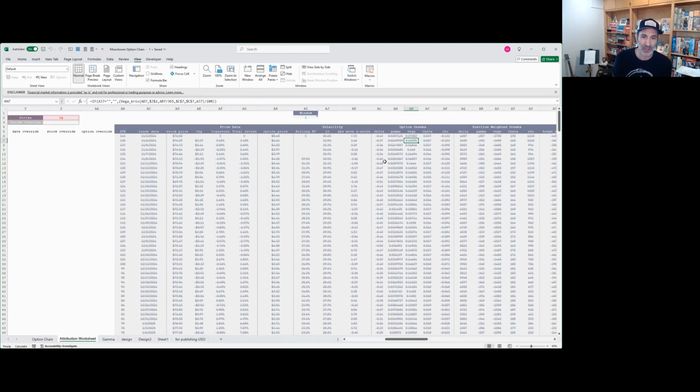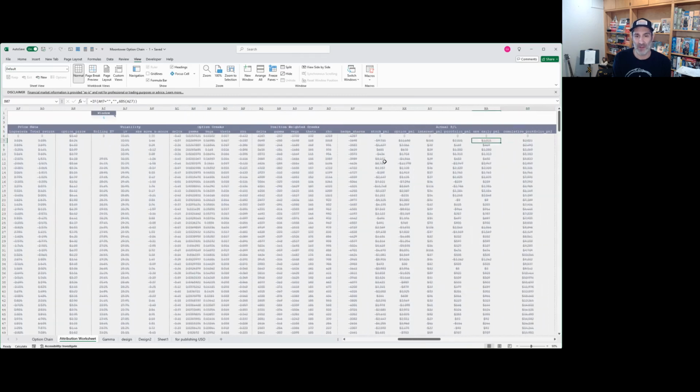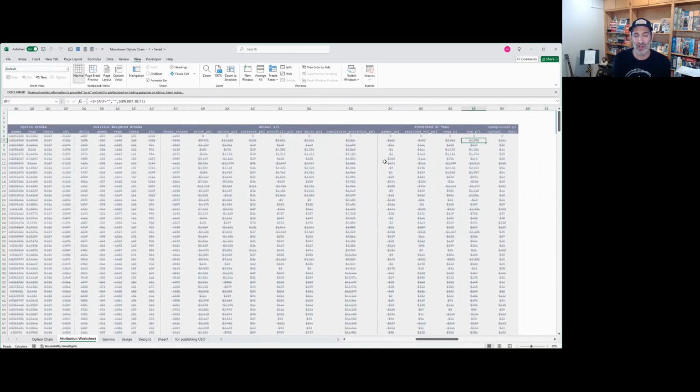Basically this unexplained P&L is also due to all these cross Greek effects, which we don't want to be too concerned with. An example of a cross Greek effect is that as your vol comes in, the gamma of an option increases. That's your Vanna.